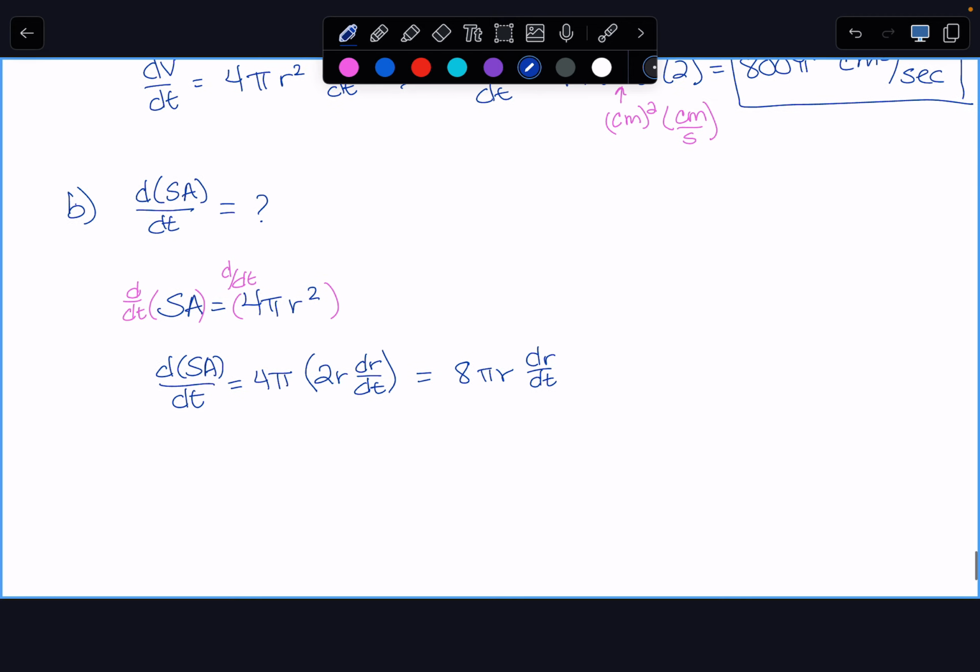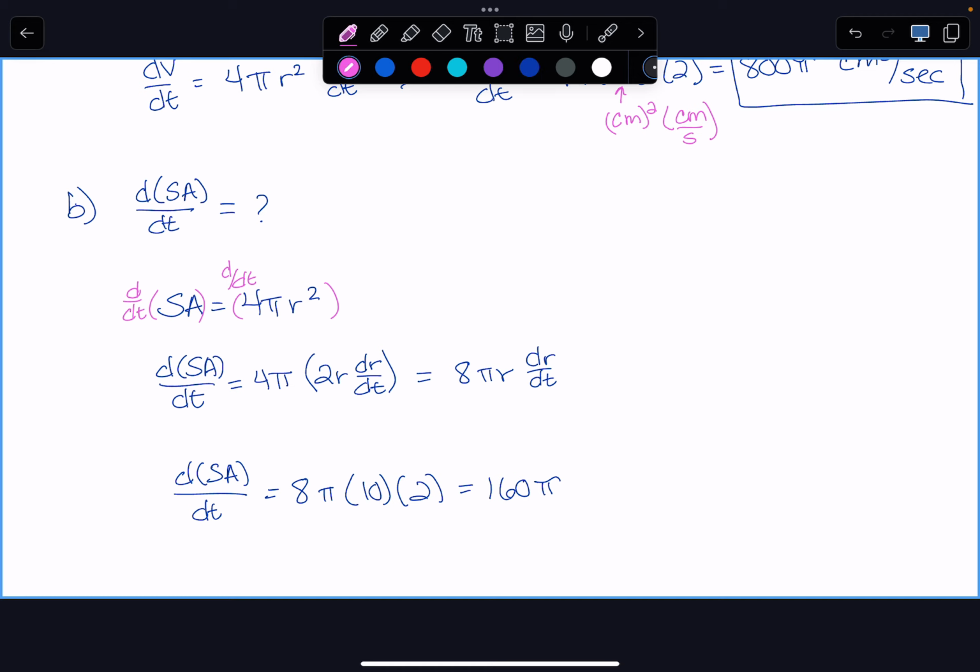All right, so let's see what we get for how fast our surface area is changing. dSA/dt is going to be equal to 8 pi times r, 10, times a 2, which is going to give me 80 times 2, which is going to be 160 pi.